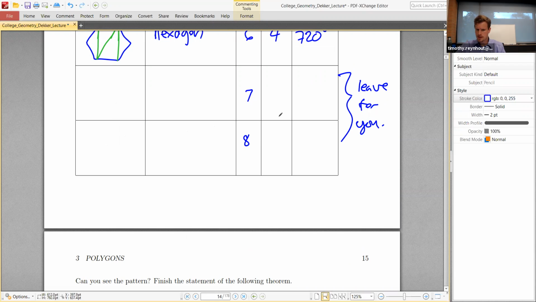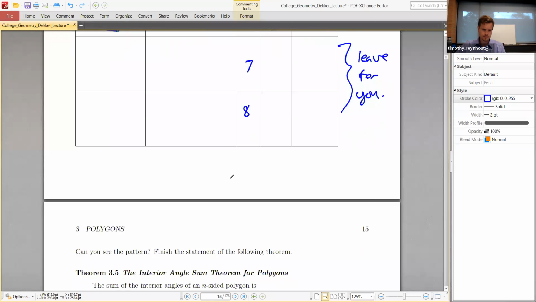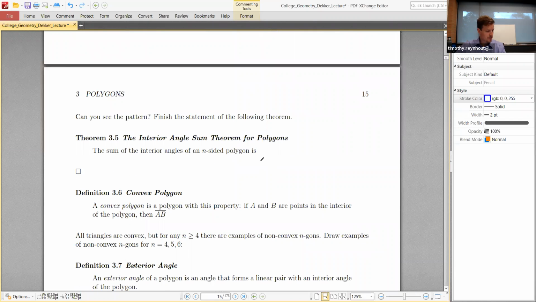But there is definitely a pattern as to the number of interior triangles, and then the sum of the interior angles. And that pattern in particular, you can observe to be n minus 2 for an n-sided polygon, times 180 degrees. That is the sum of the interior angles.